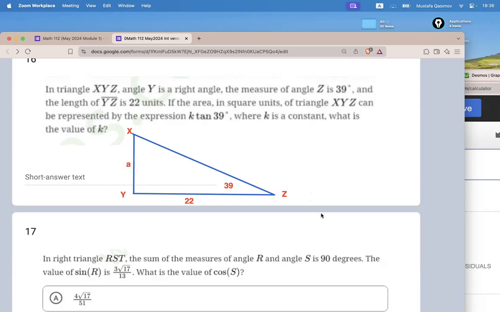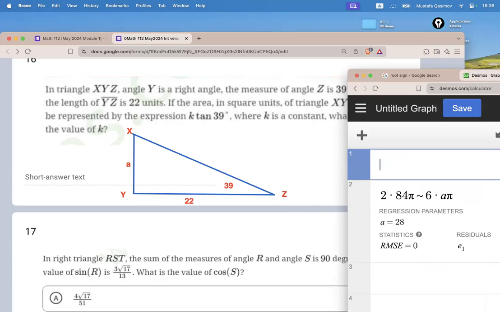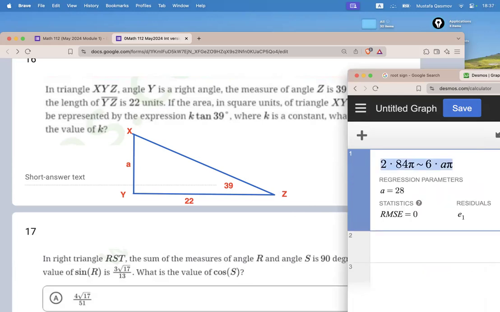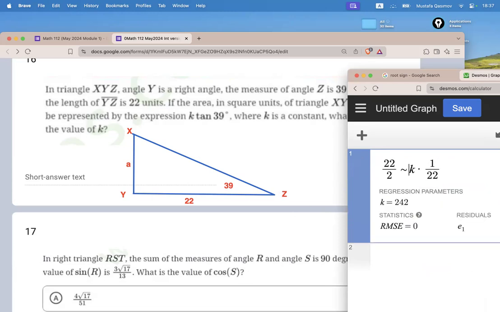Let's find the area. Area is equal to 22a over 2, and this is equal to k multiplied by tangent 39. Tangent 39 is a over 22. We can eliminate a from both sides. Then k is equal to 242. The answer is 242 here.